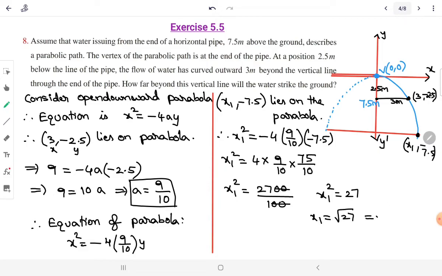Root 27 can be written as root of 9 into 3, so x1 equals 3 root 3 meters.